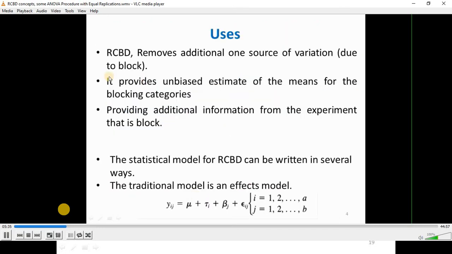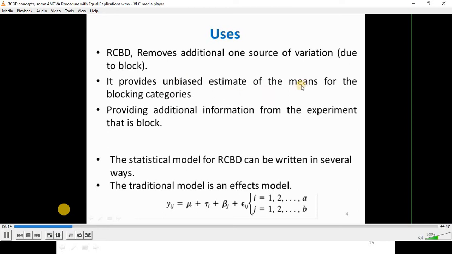And the RCBD design is used when it's very important to remove an additional source of variation due to blocks. So in the case of CRD, it only removes the treatment differences, whereas this removes additional block variation. It also provides an unbiased estimate of the means for the blocking categories, because there is randomization.